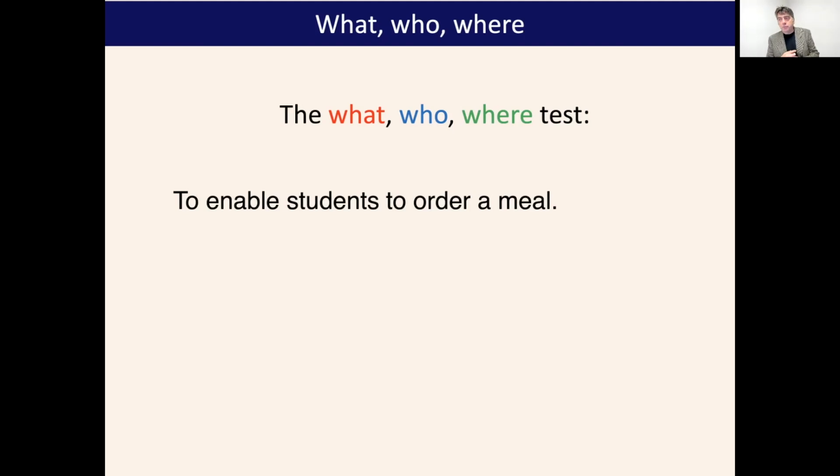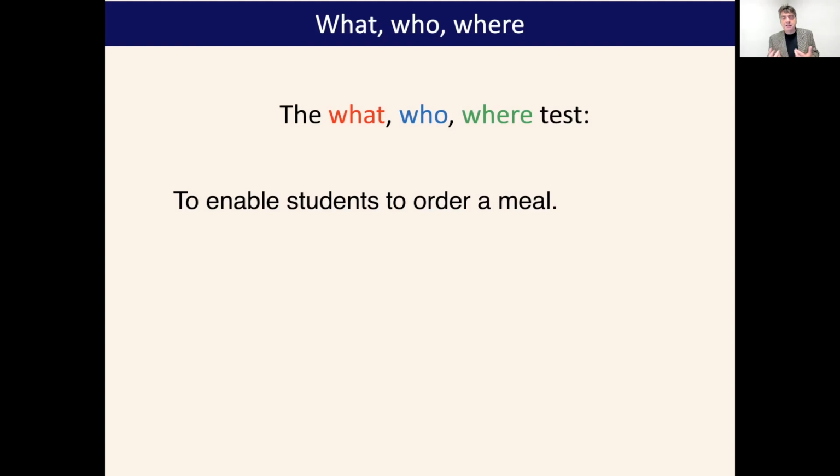Is it a formal meal? Is it a meal with a friend? Is it a meal with a colleague? Is it a meal in an expensive restaurant? Is it a meal in a fast food restaurant? There are too many questions that I still have about that objective.